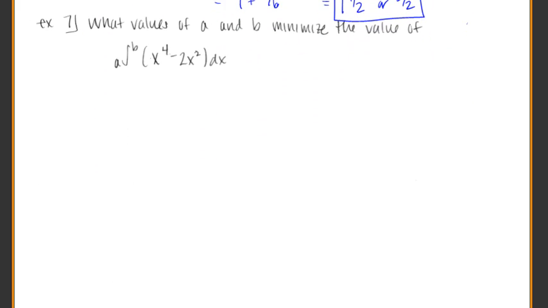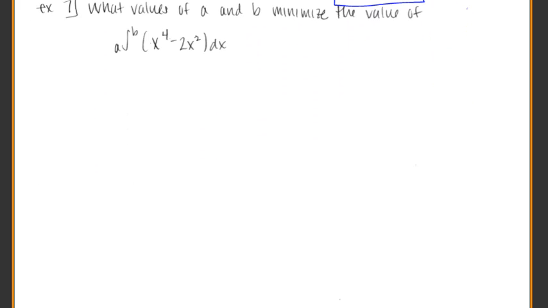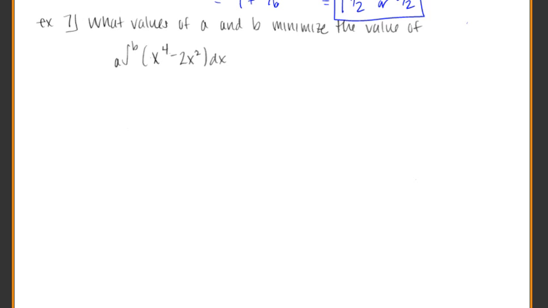So let's go on and find our answer to our last problem. With this example, we want to find the values of a and b that are going to minimize the value, so we want to find the minimal area for that curve.